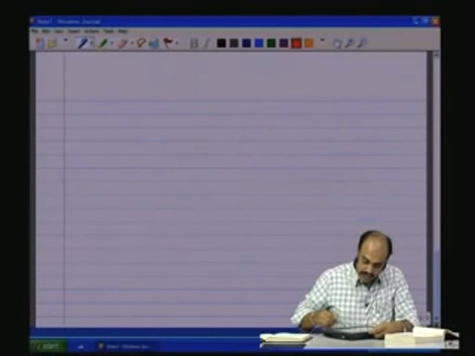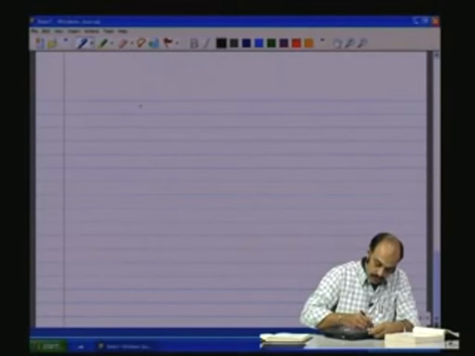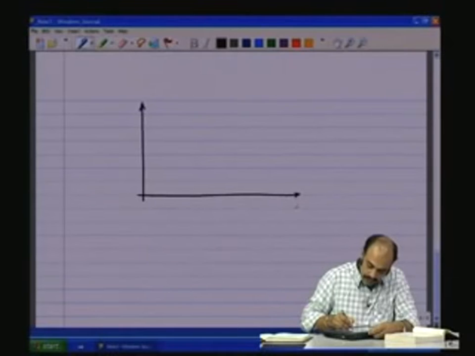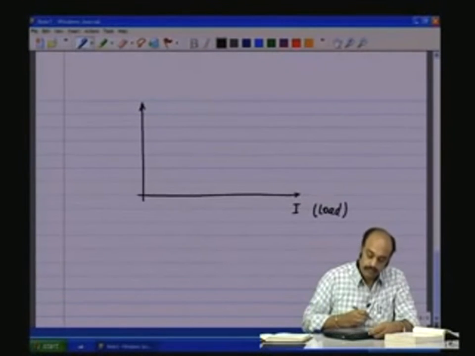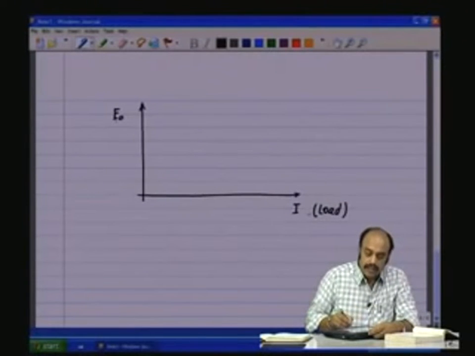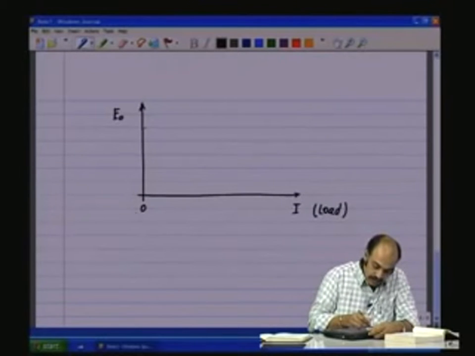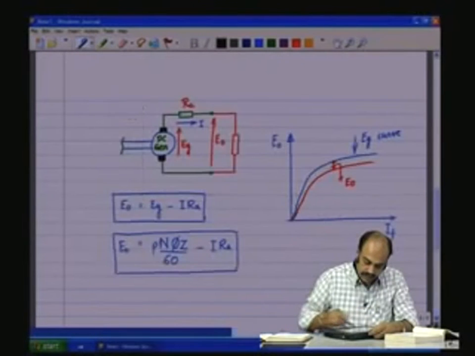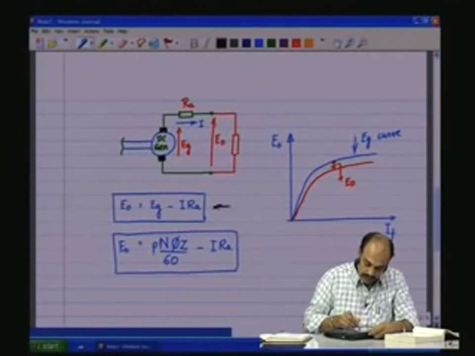And with respect to I, we have the voltage regulation curve. I is the load, and you have E naught. So, when the load is 0 here, with no load resistance connected, E naught will be the same as Eg, as is evident from this equation when I is 0.